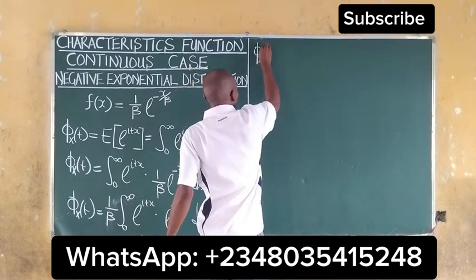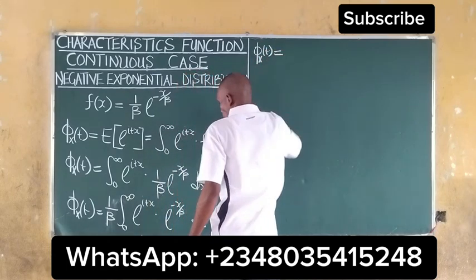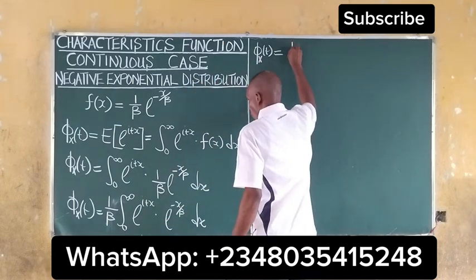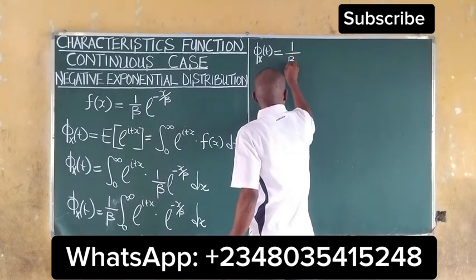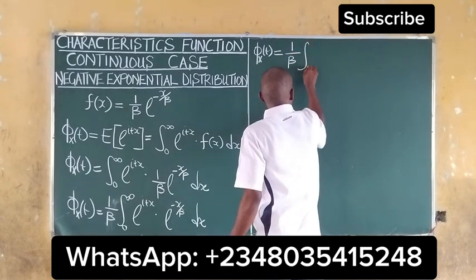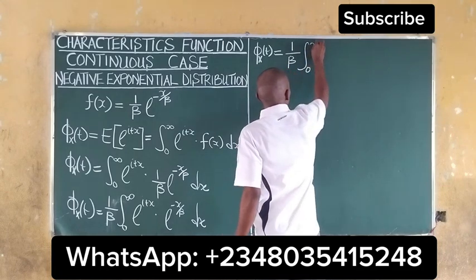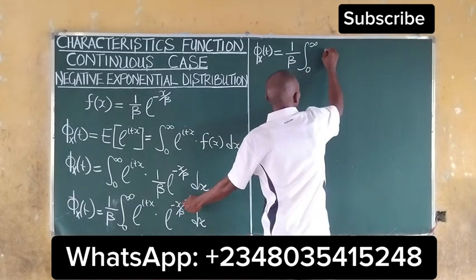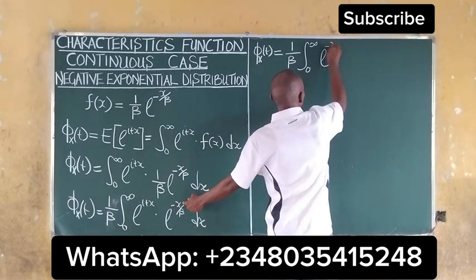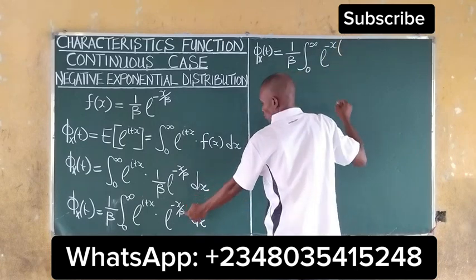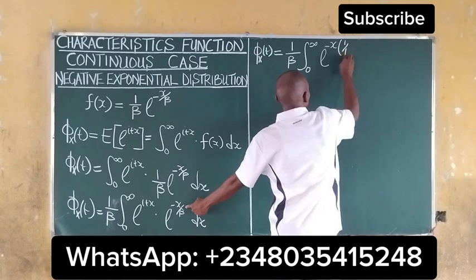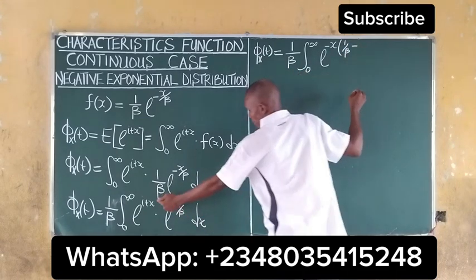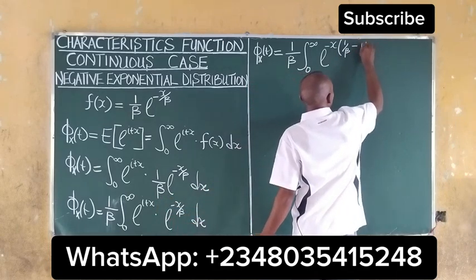So we'll have our characteristic function equal to, now we put these two together, 1 all over beta, the integral from 0 to infinity. We can bring out x, e^(-x) times (1 all over beta minus it), since there is x here.